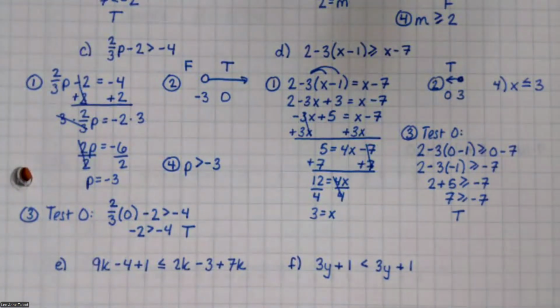Did you get less than or equal to? Yeah. Or did you get true? I got true, so then the arrow would go to the, no, zero's on the left, isn't it?